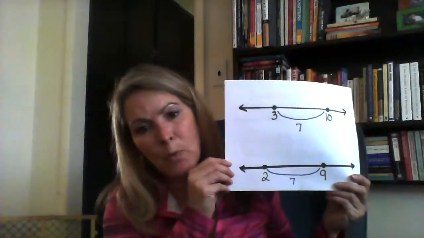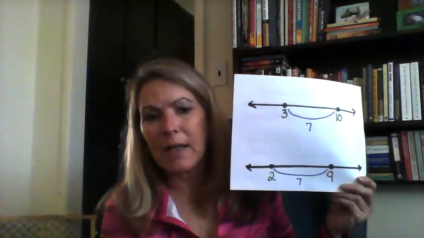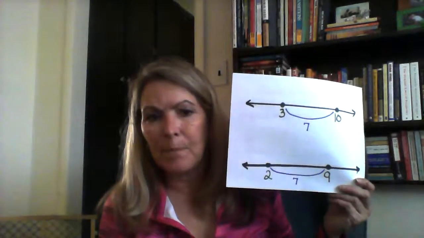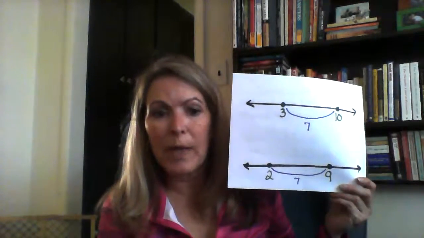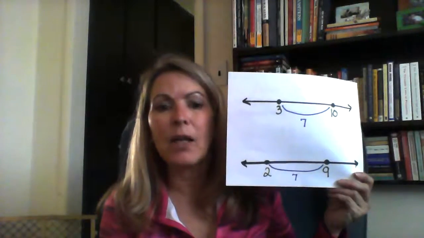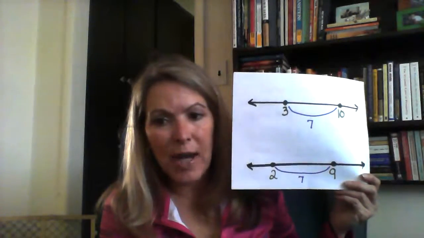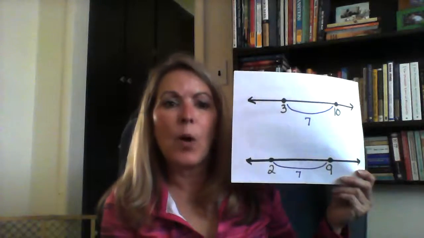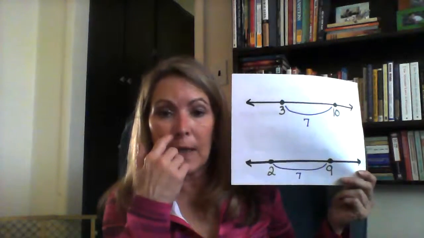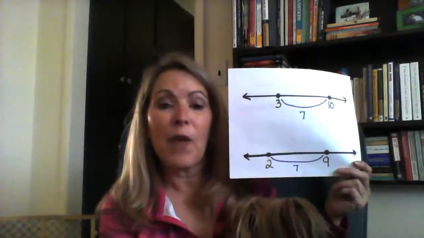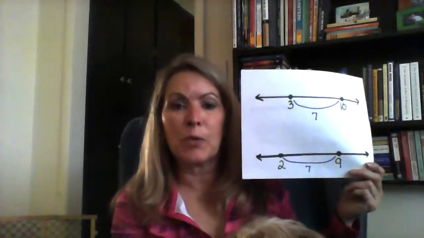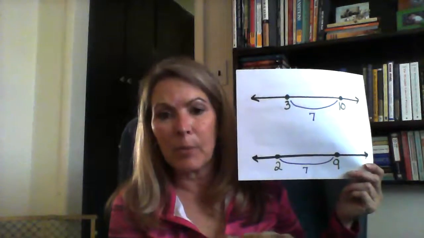If you look at the one below it, all I've done is subtract 1 from 10 and subtract 1 from 3, so I made my points at 2 and 9. Notice that the difference hasn't changed. It's the same. This gives you the knowledge of how and why you can use this particular strategy to make a simpler problem.